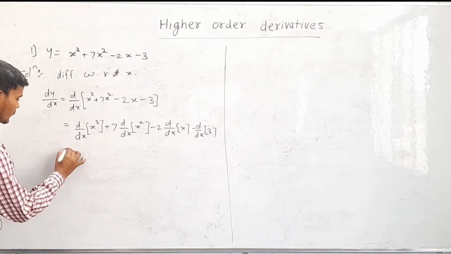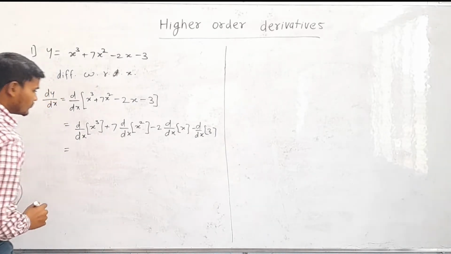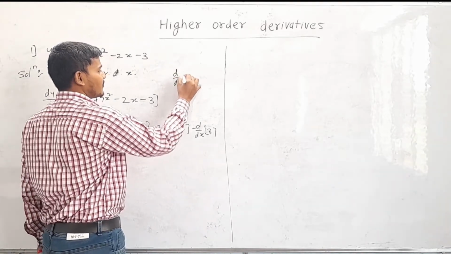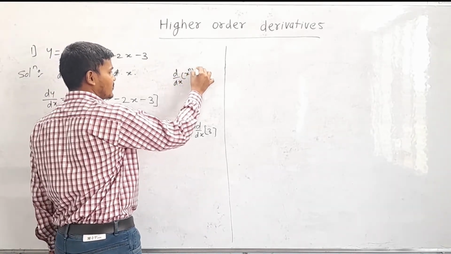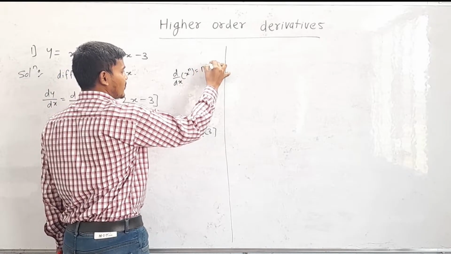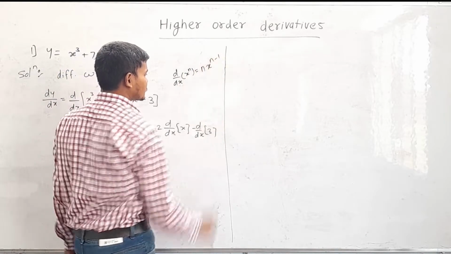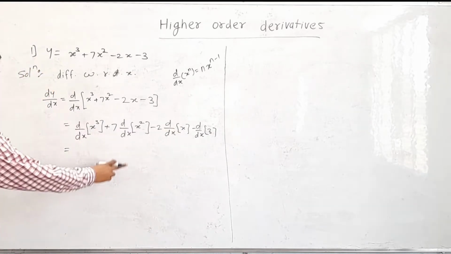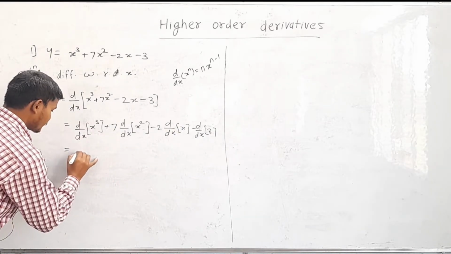Now, derivative of x cube using the formula dy dx of x raised to n is equal to n x raised to n minus 1. This is the formula that we have to use to solve this question.